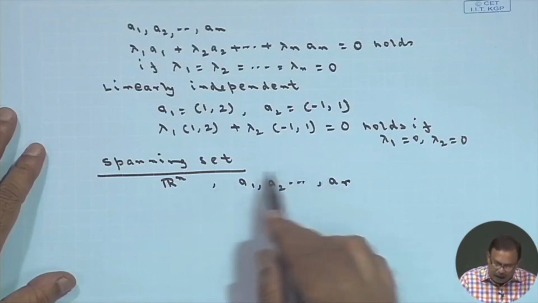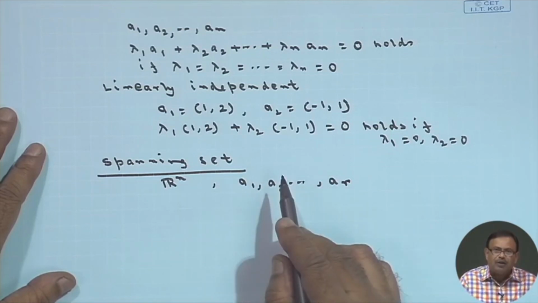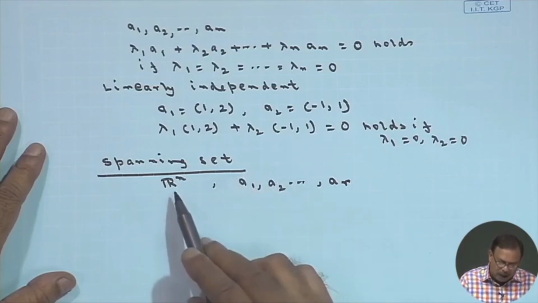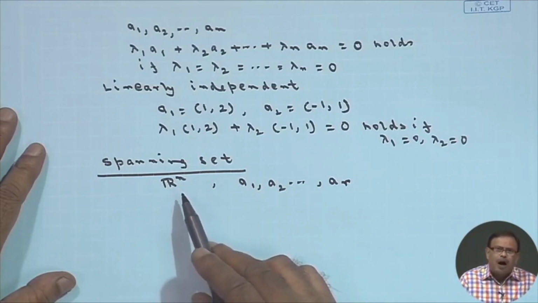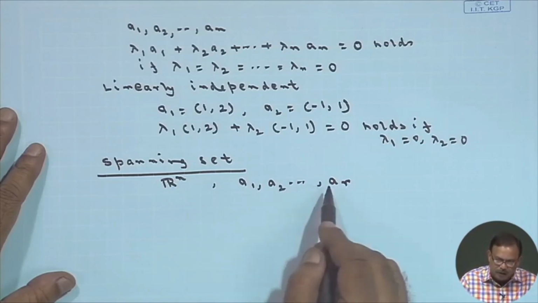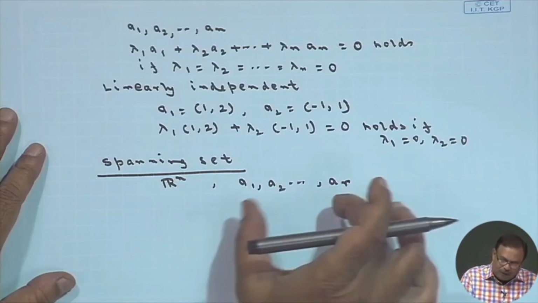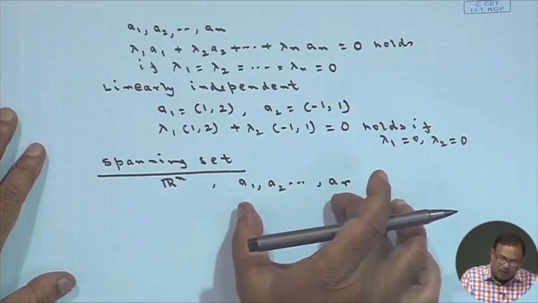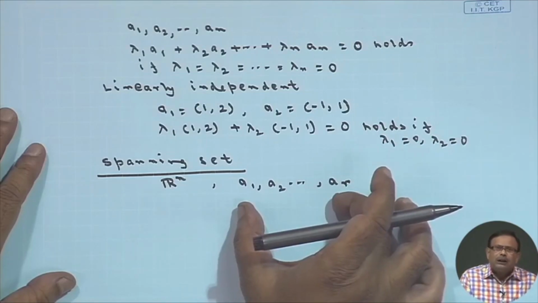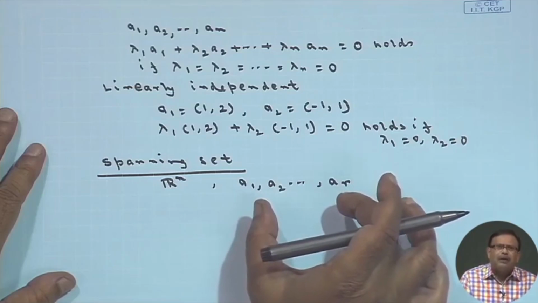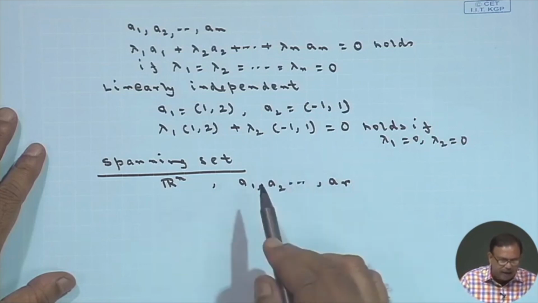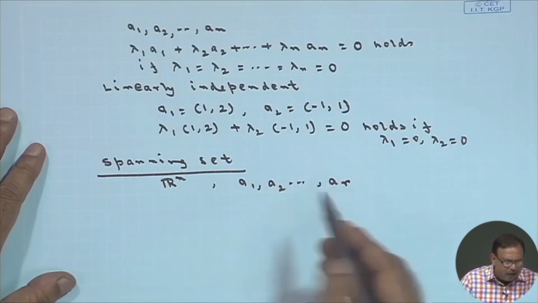It means that any linear combination of these is a vector of Rn, or in other words, if you take any vector from Rn, it will be a linear combination of A1, A2, ..., Ar. So if in Rn I can find a set of vectors which can generate or span all the vectors of Rn, then we call this set a spanning set.